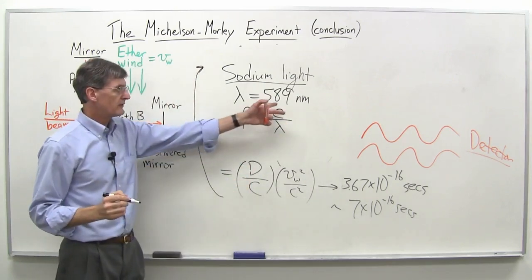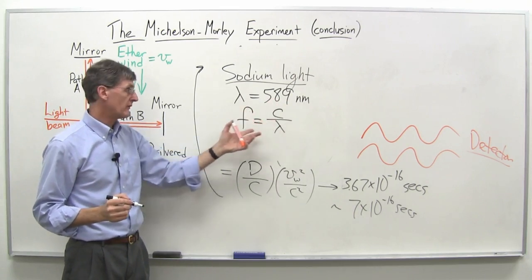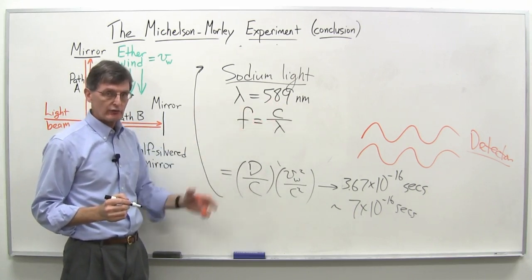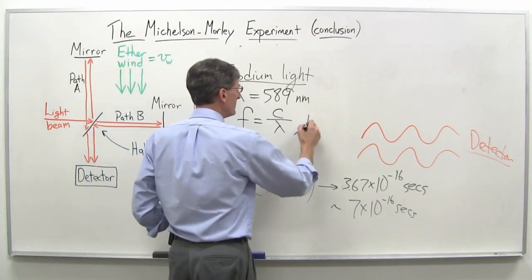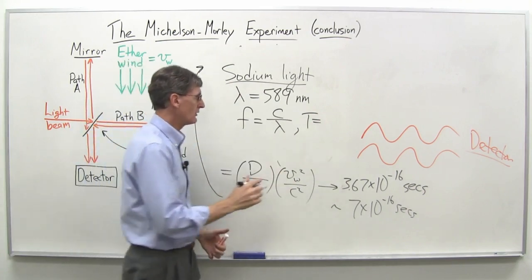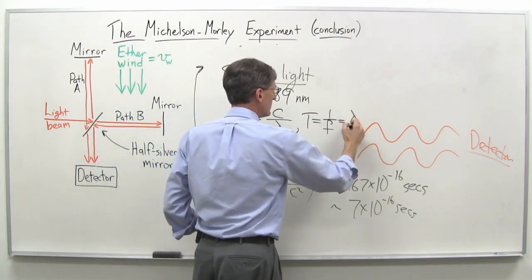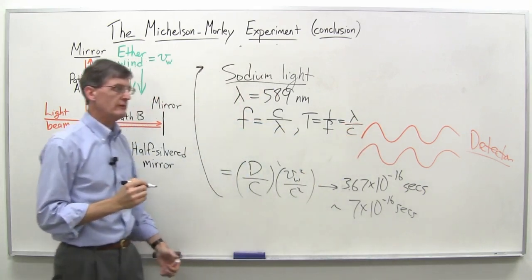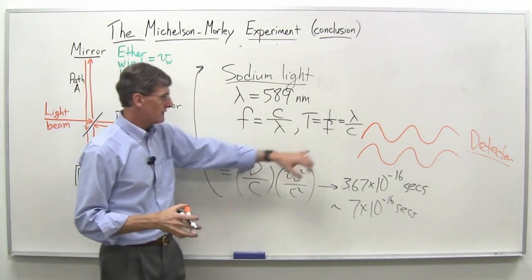So given 589 nanometers and the speed of light, we could figure out what frequency that sodium light represents. But also, we know the period, which is the time between the peaks of our waves here, is 1 over the frequency, which is lambda over c. And that's really what we're most interested in here.